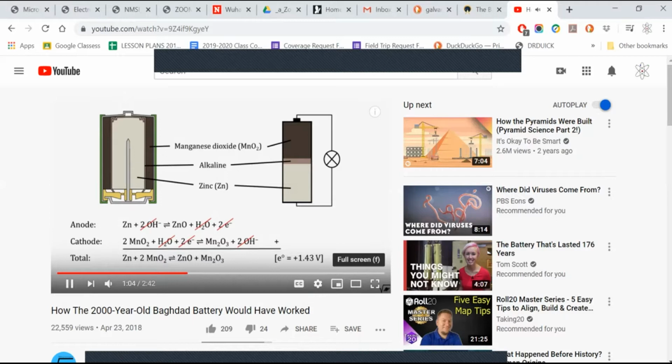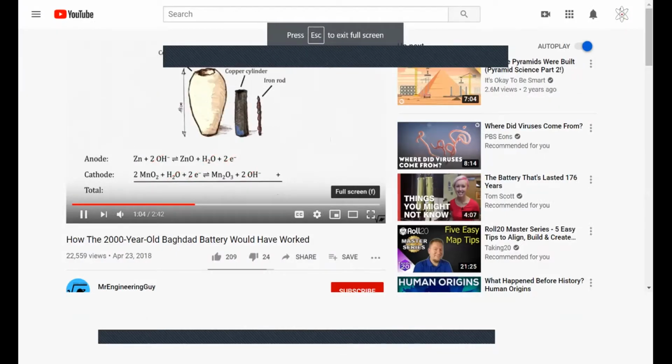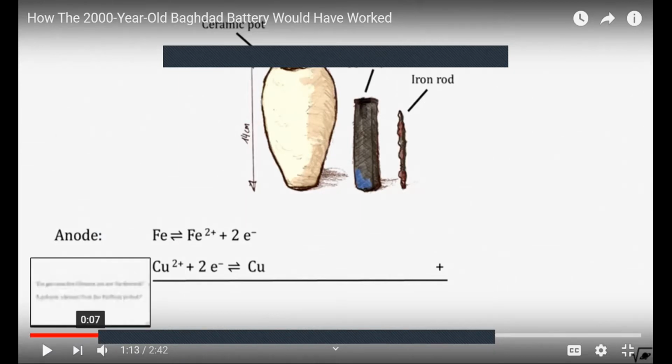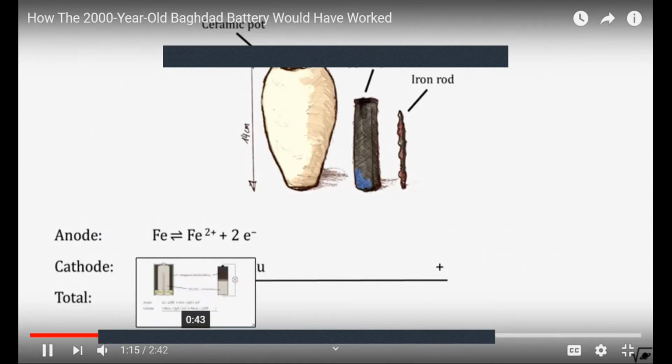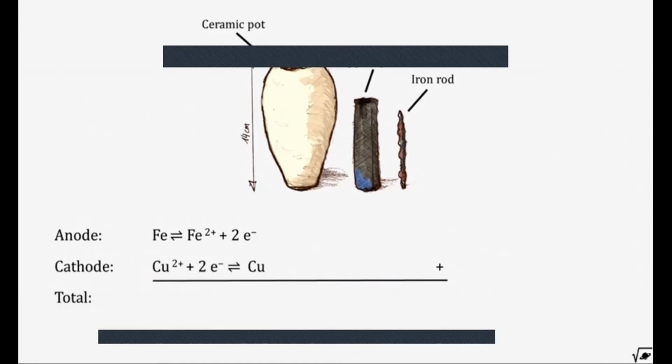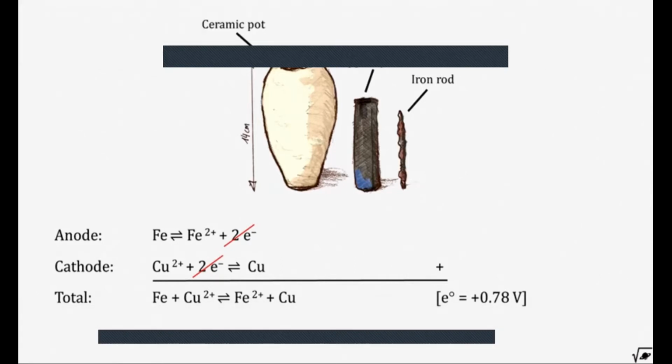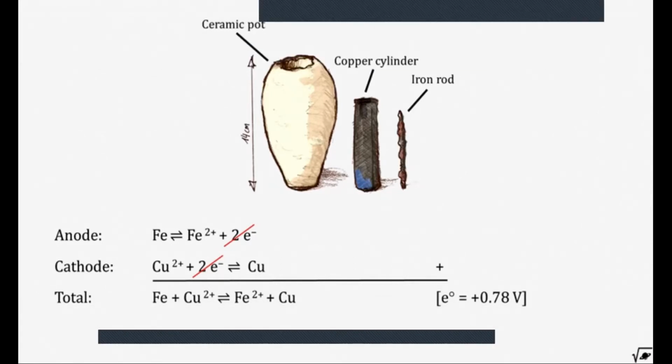An anode, a cathode, and an electrolyte. Now, switch the half reaction of zinc for that of iron, the half reaction of manganese dioxide for the one of copper, and the electrolyte alkaline for a ceramic pot filled with, for example, vinegar or wine, and you've got yourself a working Baghdad battery. But the question is, were those artifacts indeed used for this purpose? Well, probably not.